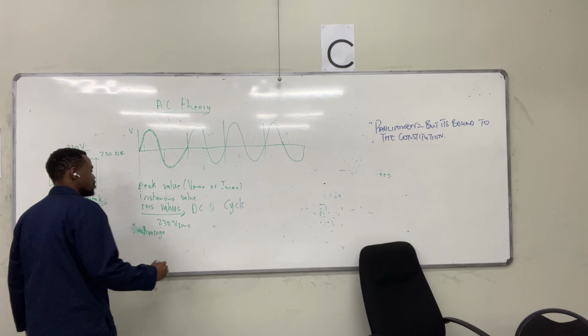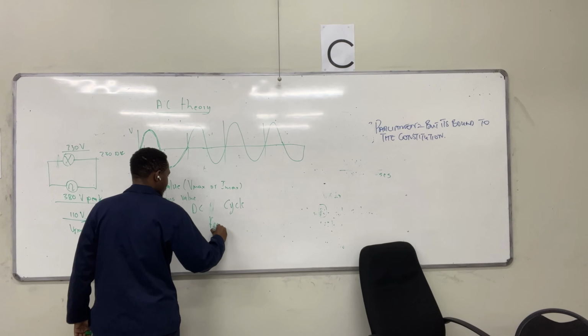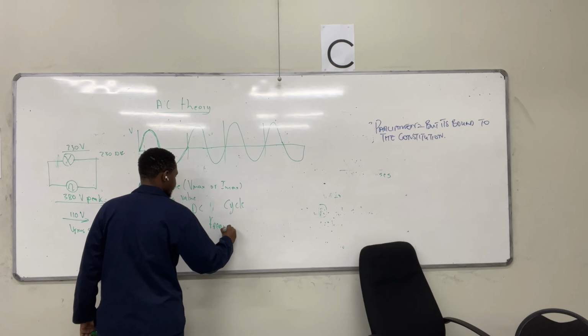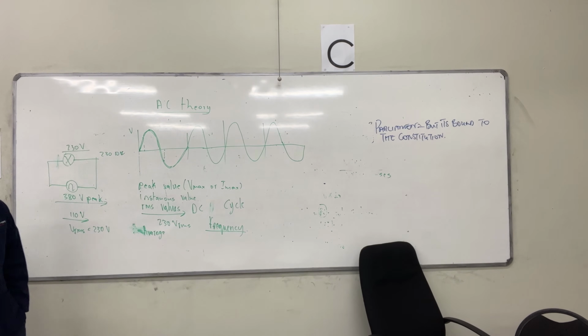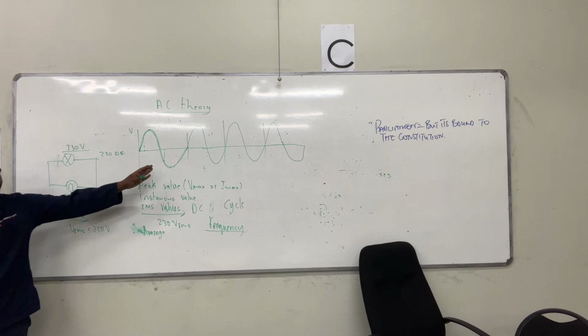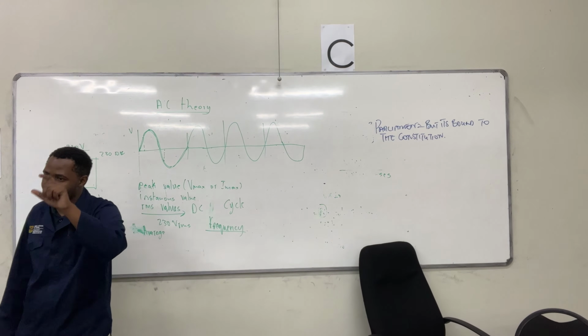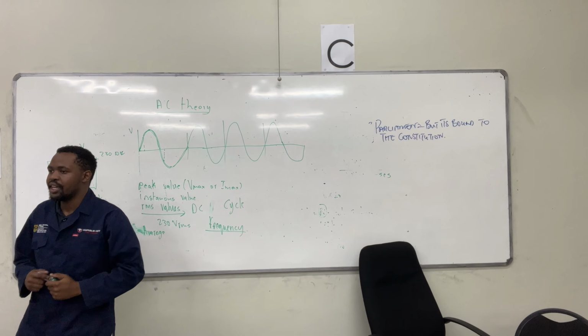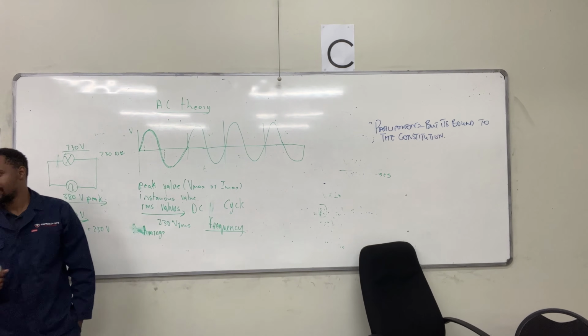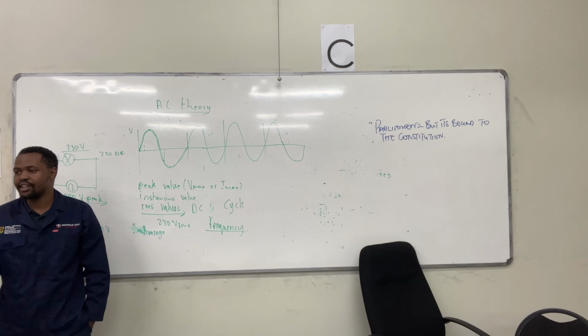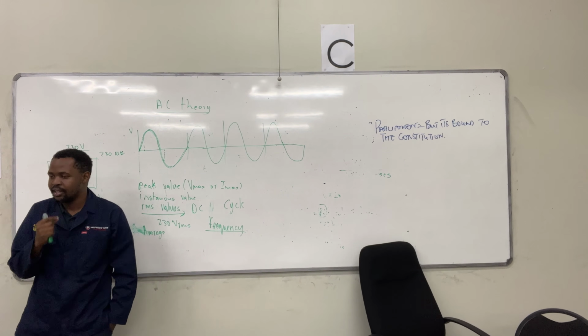Then frequency. A frequency is the number of cycles completed per second. The unit is hertz, which is cycles per second.